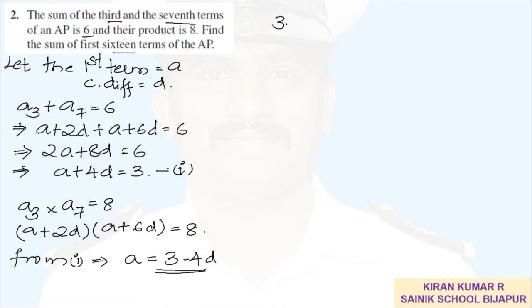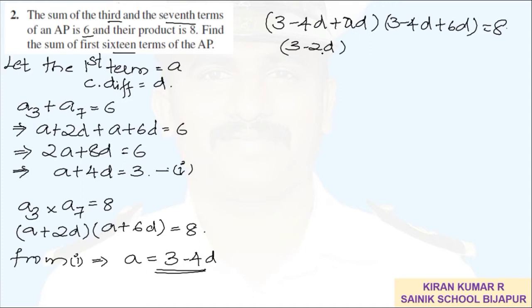So 3 minus 4D plus 2D multiplied by 3 minus 4D plus 6D will be equal to 8. On further simplification, we will be getting 3 minus 2D multiplied by 3 plus 2D equal to 8.